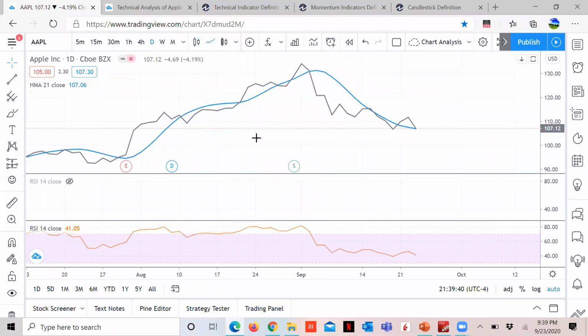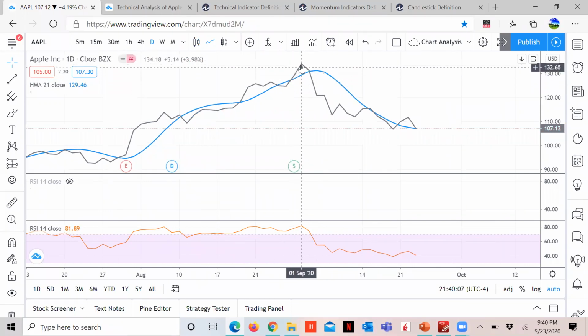So if you look at this day, if you look at August 28th, the price was like 124.66 after the split that happened. So at this instance, the price went above this moving average.